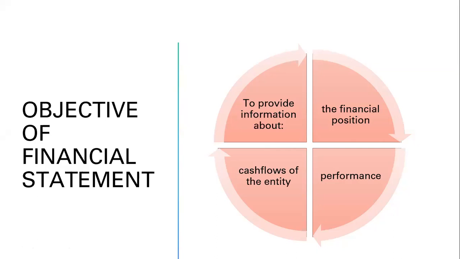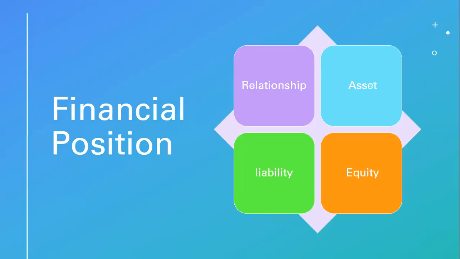The objective is simple: to provide information about the financial performance, the financial position, and cash flows of the entity, information which is useful for decision making by a broad range of users. And often these users are not in a position to demand any report which is tailored to their particular needs. So that is simply the objective of the financial statements.